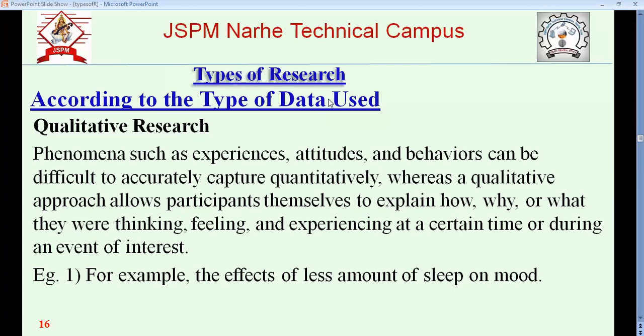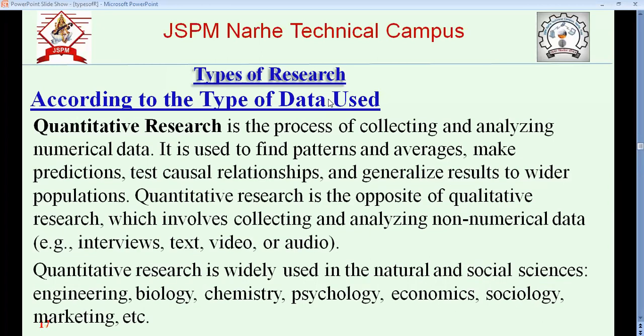So we'll move to the quantitative research. Please understand, quantitative research is used in science, engineering, management. For management, both researches are used, like biology, chemistry, psychology, economics, sociology, marketing. So we cannot limit any branch. So many students are asking that I am from fine arts, I am from law.